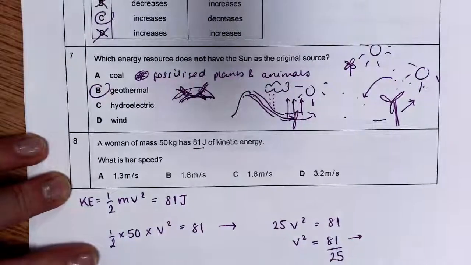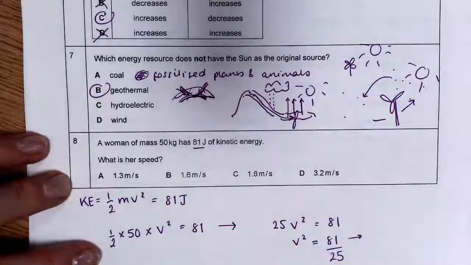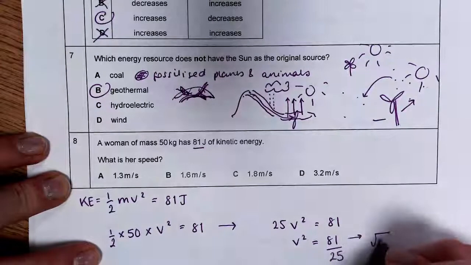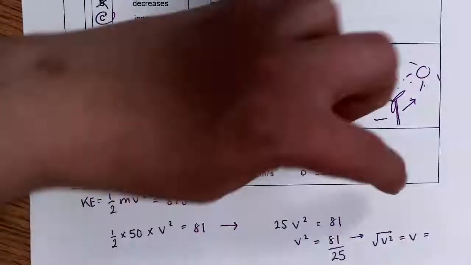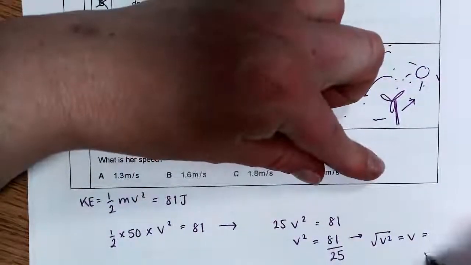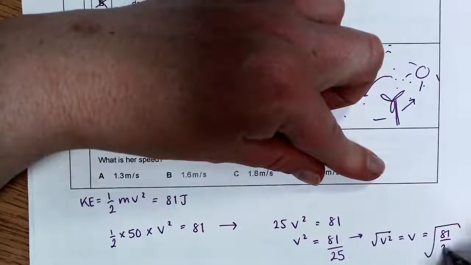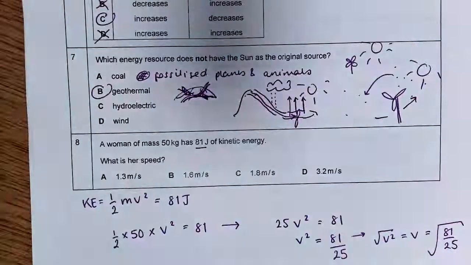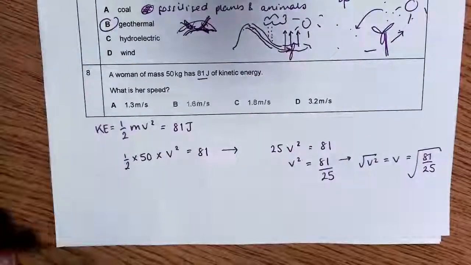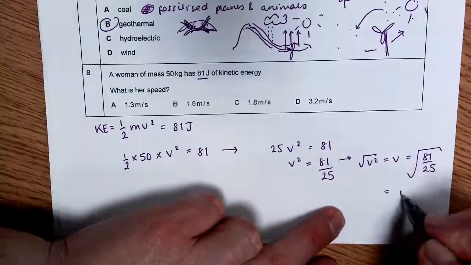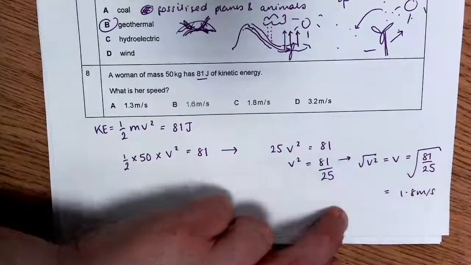I need v though, because I need speed, I need velocity. So I'm going to square root v squared, which gives me v, but that must mean I also have to square root 81 over 25. When I do that on the calculator, I will get 1.8 meters per second.